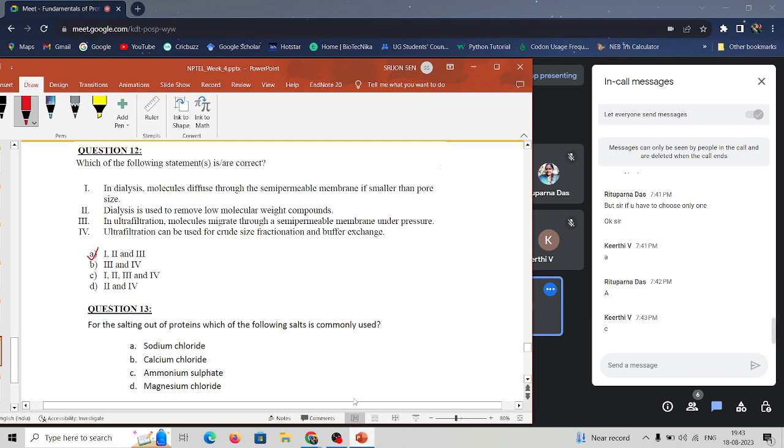Good. So option C is correct. Ammonium and sulfate. So ammonium sulfate. Option C is the correct answer.